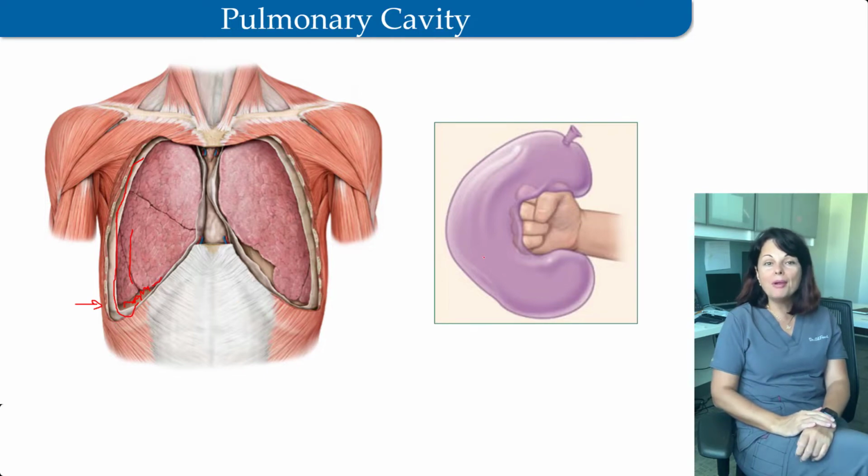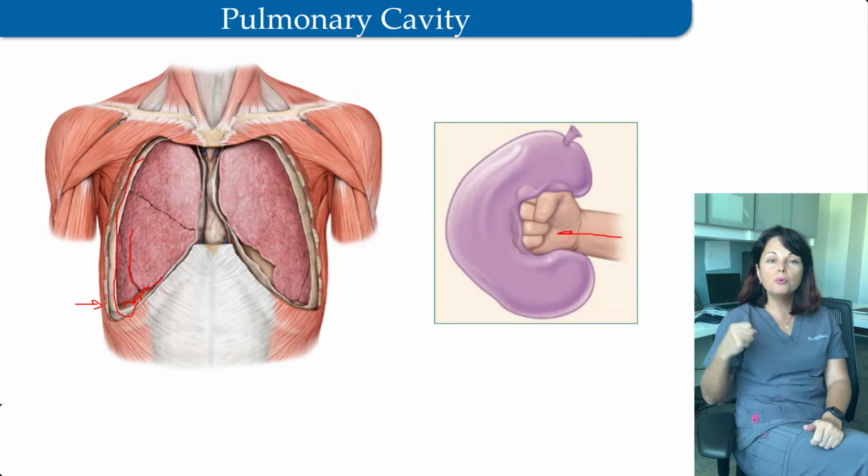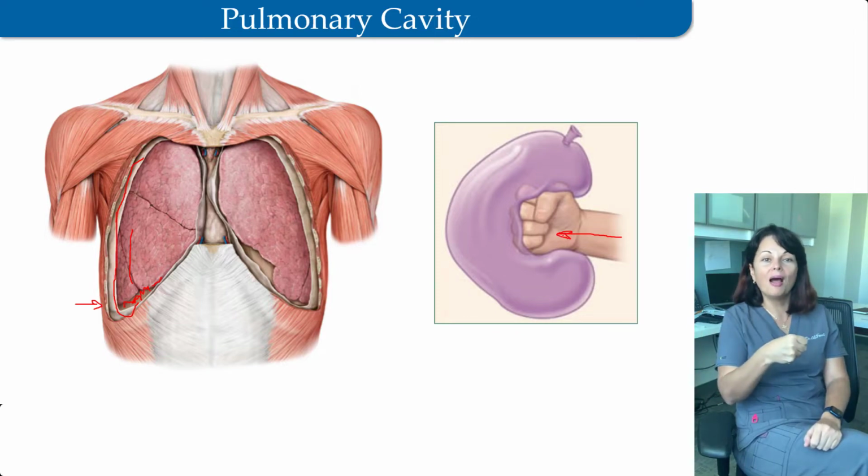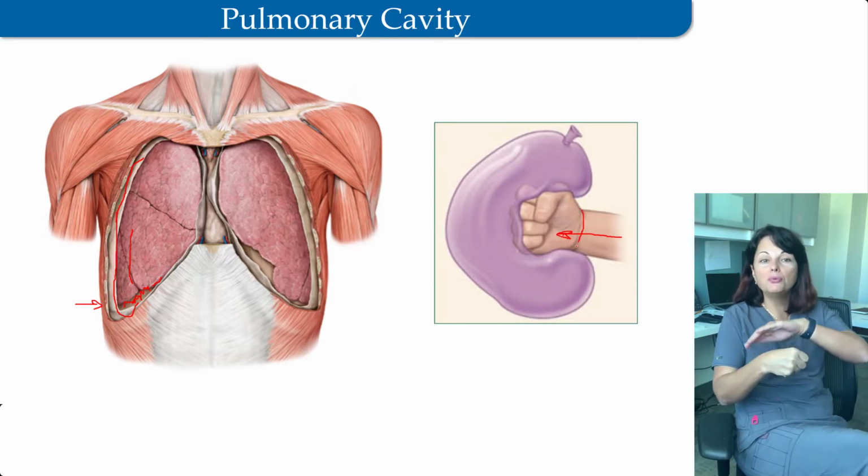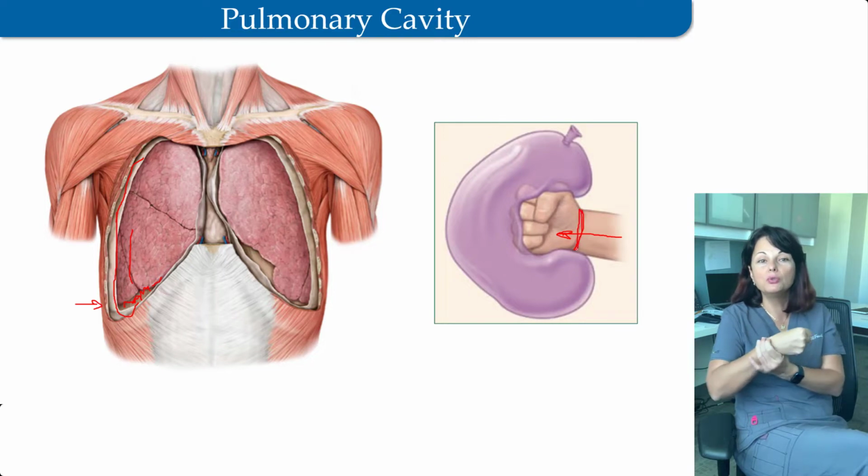You may remember the example with a balloon we used to visualize the relationships of the pleura and lungs. If you push your fist into an underinflated balloon, your wrist would represent the root of the lung, and your fist would be a lung itself.